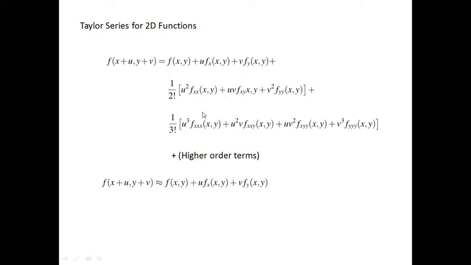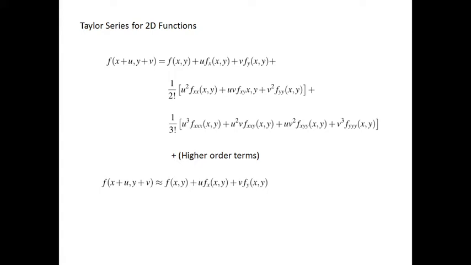According to the Taylor series expansion, we then have plus 1 by 2 factorial times u square fxx of x comma y plus uv fxy of x comma y plus v square fyy of x comma y, and so on. This is my second partial derivative, and this will be my third partial derivative. In this manner it expands for the higher order terms.